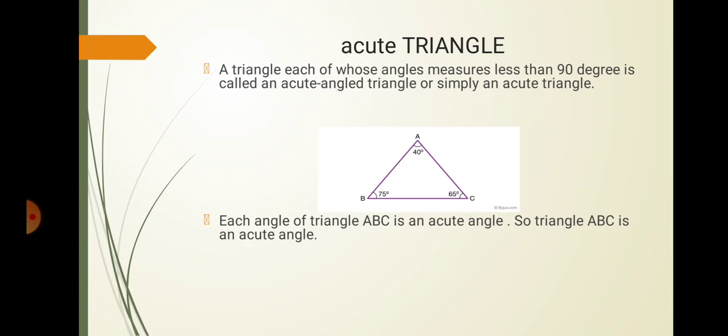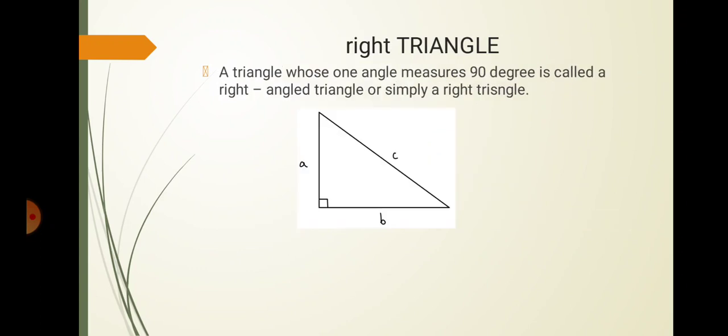So this is an example for that. You can see here angle A is 40 degree, angle B is 75 degree and angle C is 65 degree. Everything is less than 90 degree. This type of triangle comes under acute triangle as all the angles are less than 90 degree.